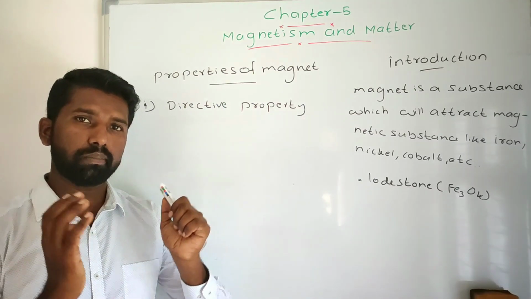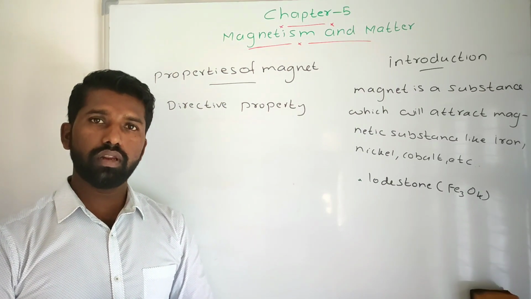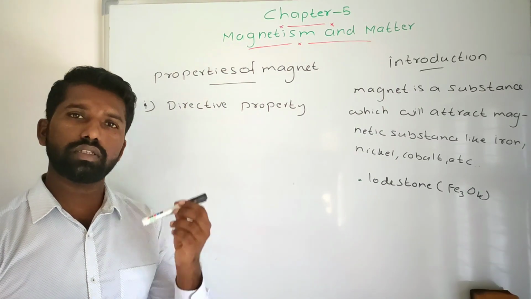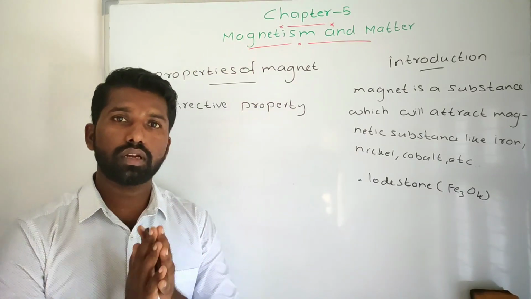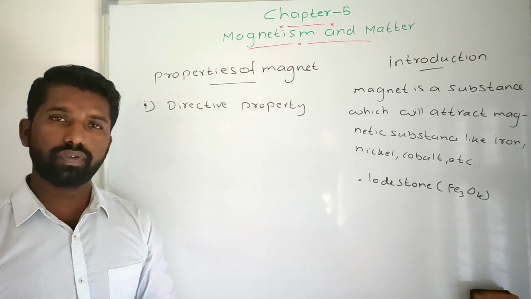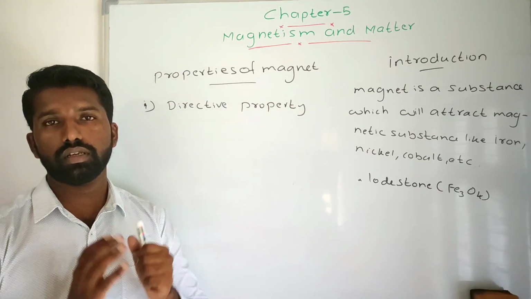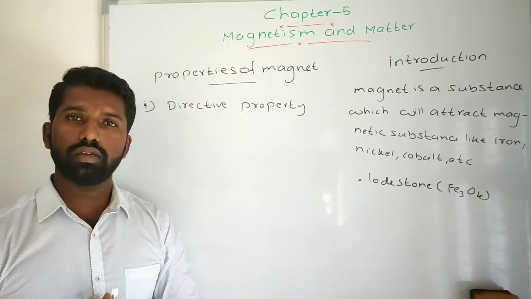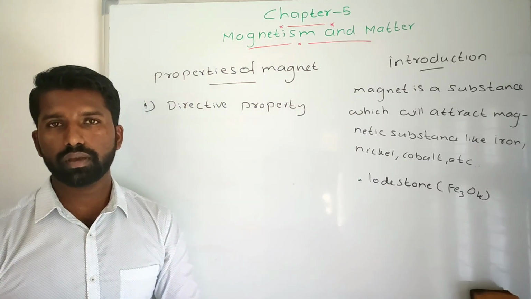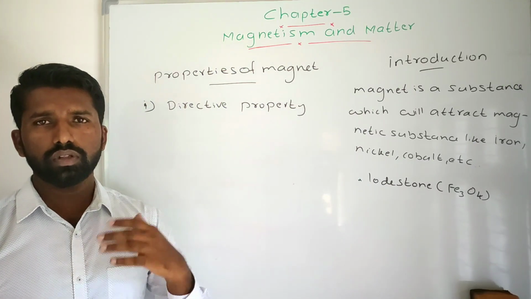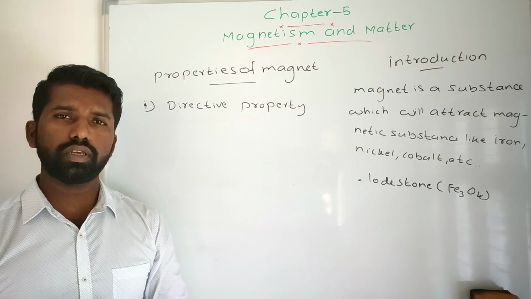Because the earth has a magnetic field. When a magnet is freely suspended, it is under the effect of the earth's magnetic field, so it is aligned in the earth's north-south direction. So this is the directive property.